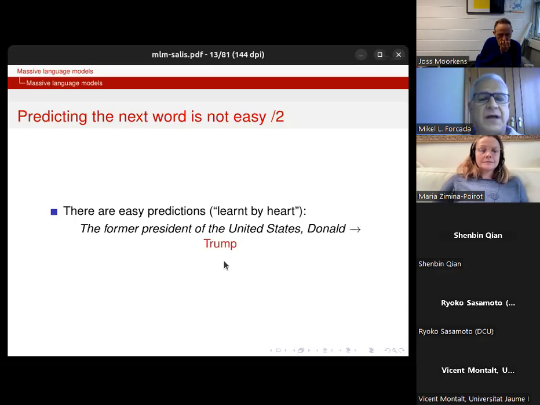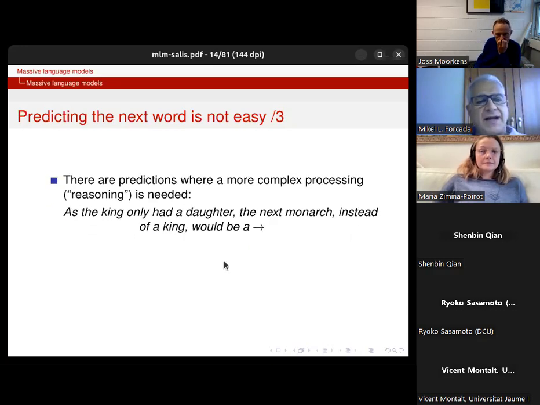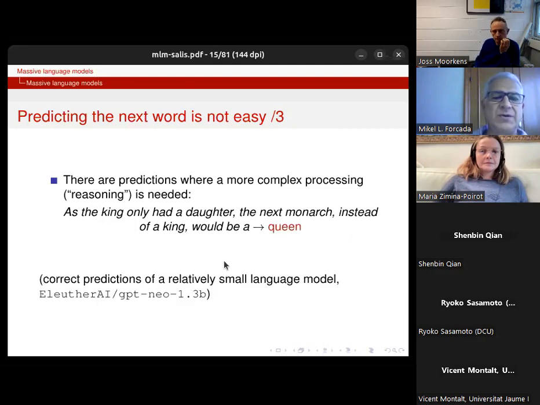You could even say the system has learned it by heart. It hasn't done any processing. It's just retrieving it. But how about this? As the king only had a daughter, the next monarch, instead of a king, would be of course, we know, a queen. But to be able to do that prediction, we need to do some processing.